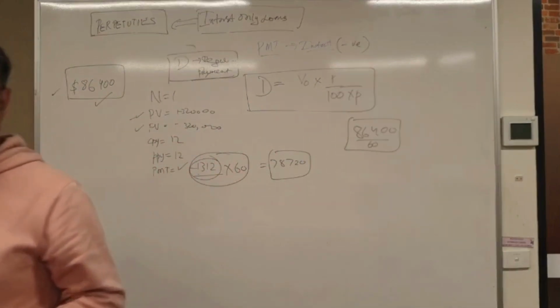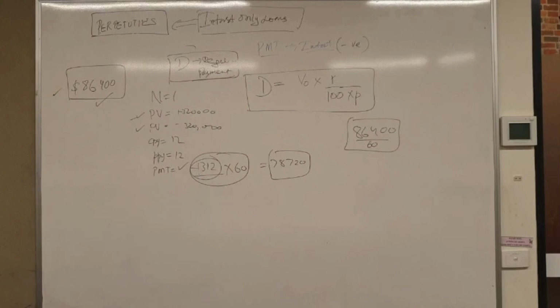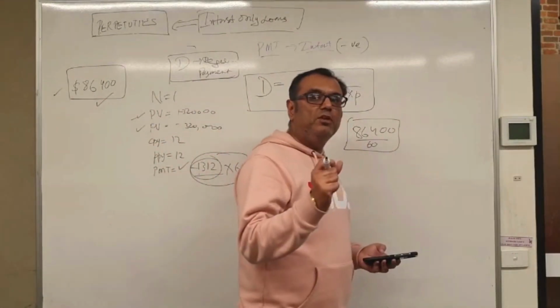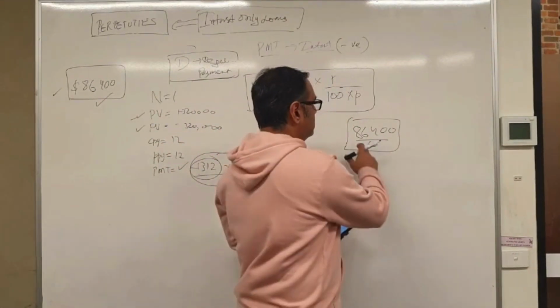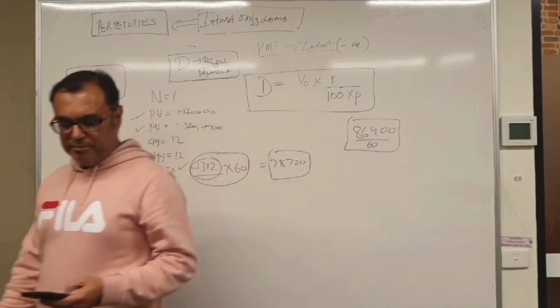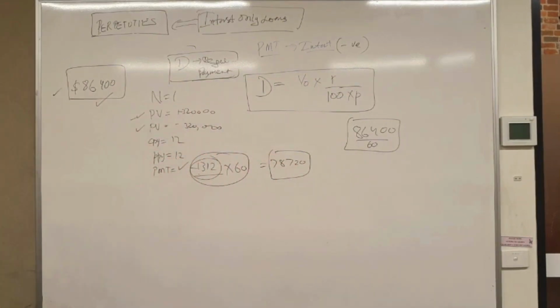Finish. That's it. See, it's an interest only loan. So that is why it's a flat division. Right? Let's go to E, the next part of the question.